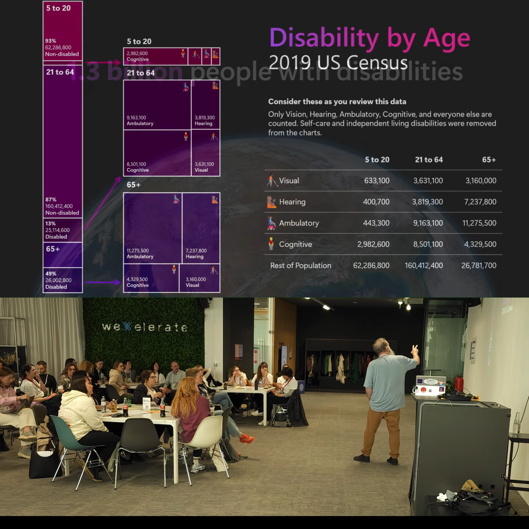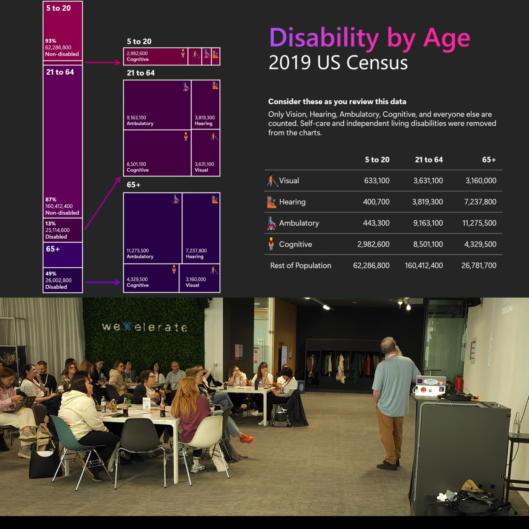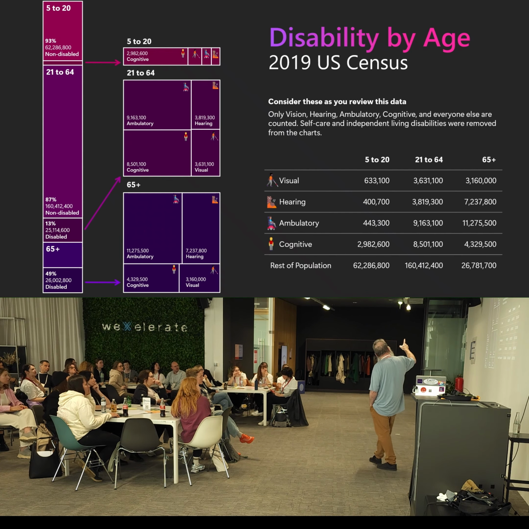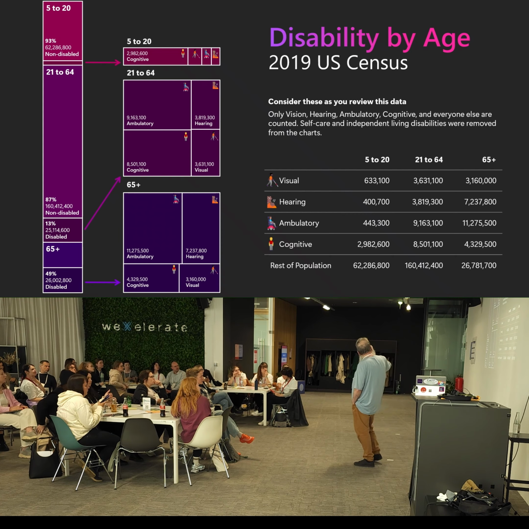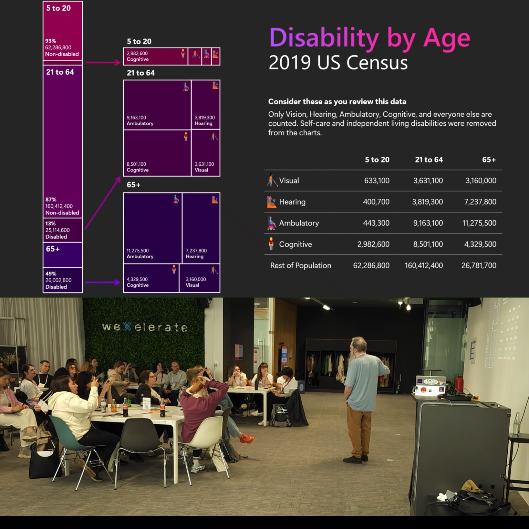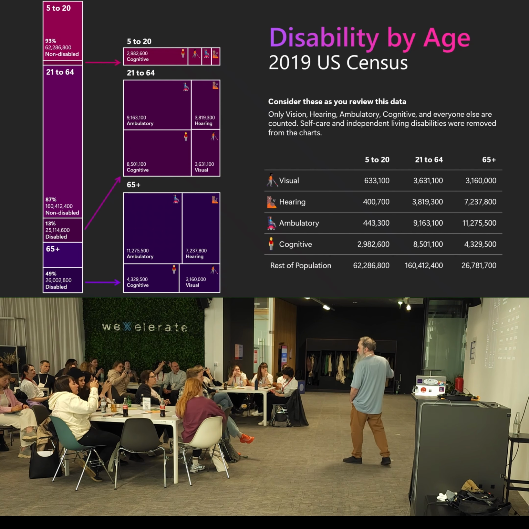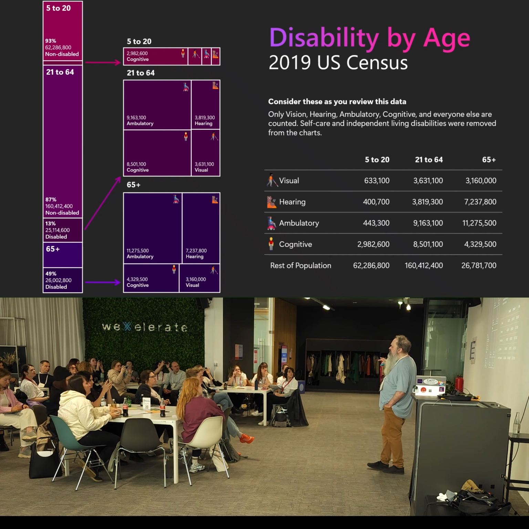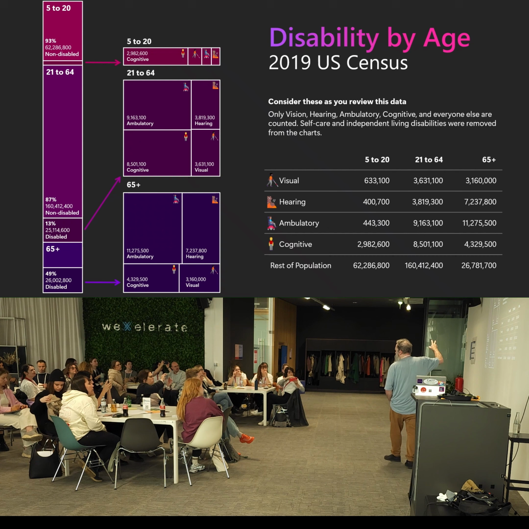This is disability data by age in the 2019 US Census. From ages 5 to 20, there are not a lot of people who are disabled, right? And the prominent disability in ages 5 to 20 is cognitive.